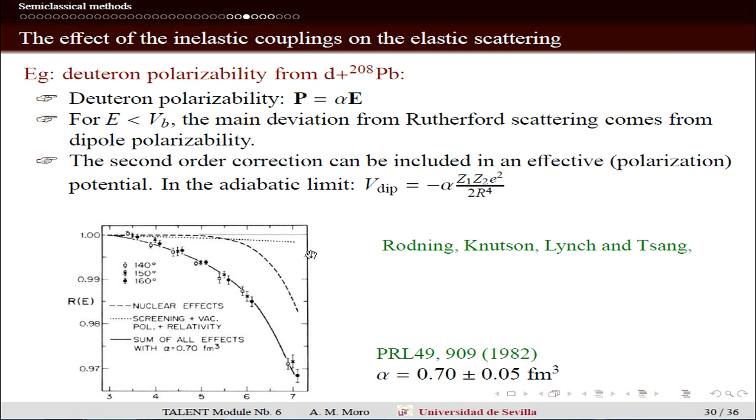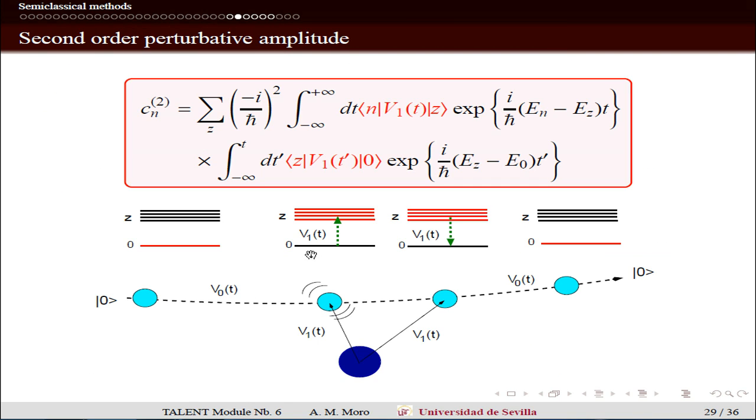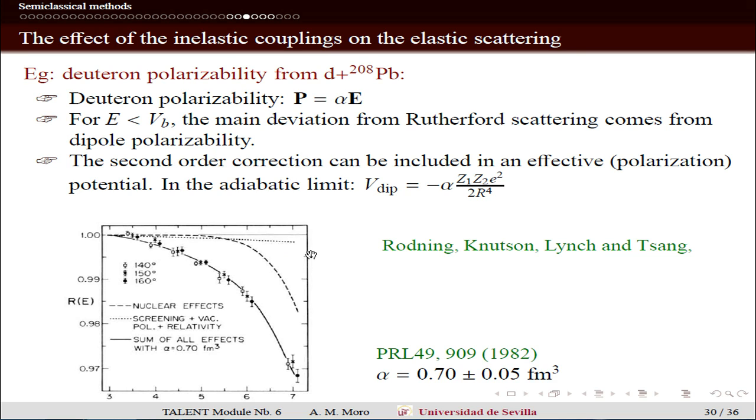Yeah? Why f to the power 4? Yes, this was a question that I was about to make. So if we apply this complicated formula, we have V and V. In the case in which we can apply the adiabatic limit, only in this limit, this second order expression simplifies very much, and the effect of this second order amplitude can be simulated by an additional potential.